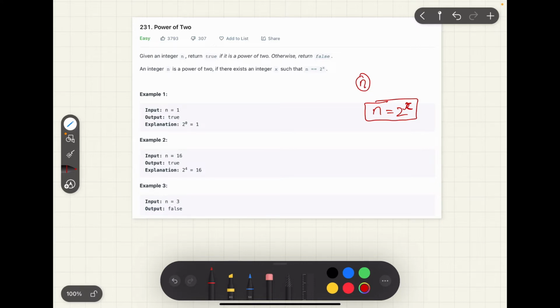Now outside the while loop, you'll check whether it is equal to the target. If it is equal to the target, then definitely it's a power of 2. But if it's not equal to the target, that is, it is greater than the target, then definitely it's not a power of 2. So at first look, if this iterative approach came to your mind, that's very good, because I think the iterative approach is more natural and organic.